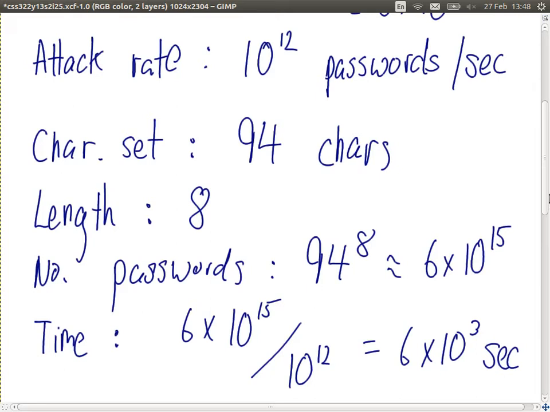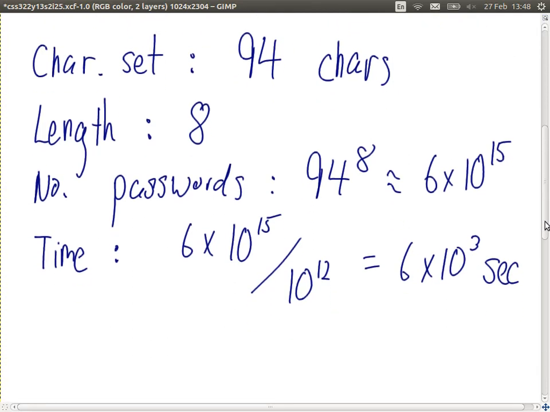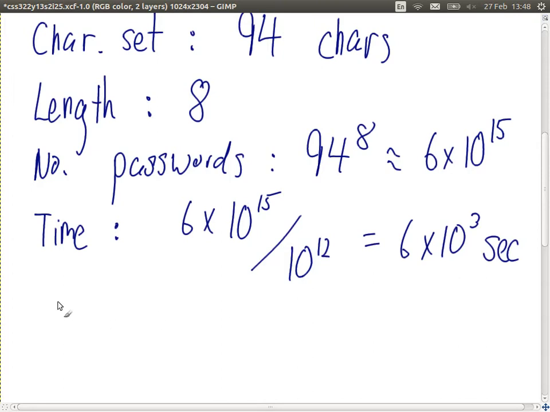Less than 2 hours. Let's say it's less than 2 hours, but let's just approximate. Let's say it's 2 hours. It's 1.5 or 1 3/4 hours. So now an attacker can find my password in less than 2 hours.